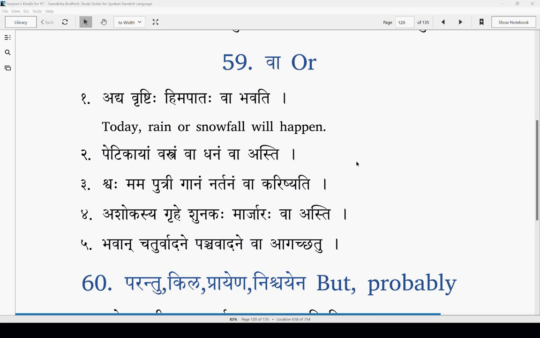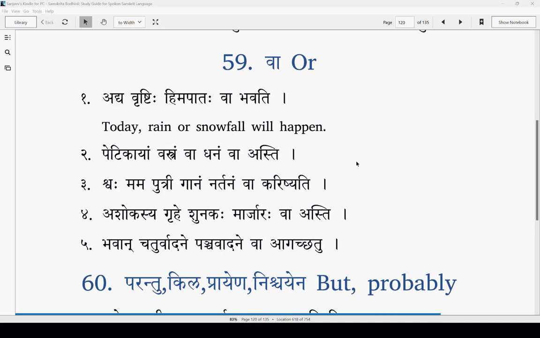Is the verb always last? Or it can be put in between also. It doesn't have to be at the end. But cha mostly is at the end when we use it. Cha is for and. But va, you can put it in between. It's okay. Vastram va dhanam asti.